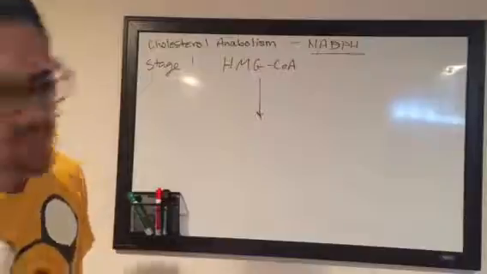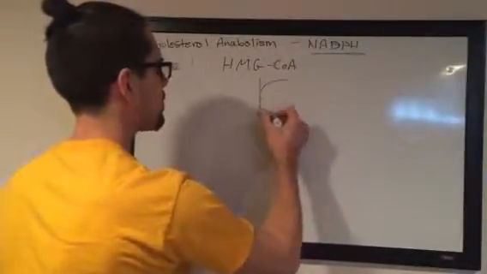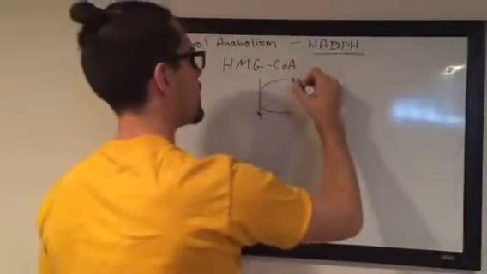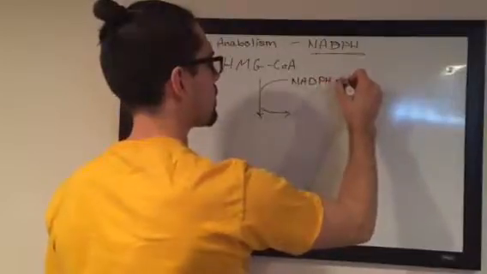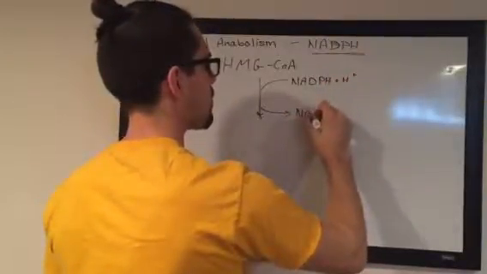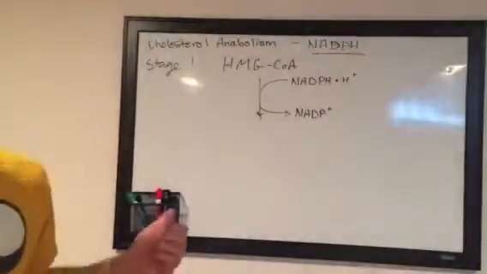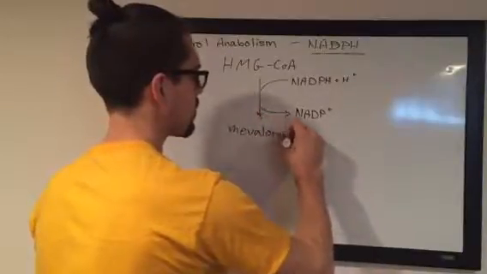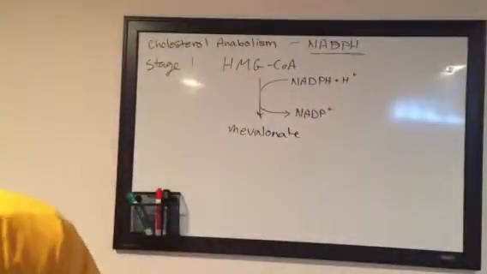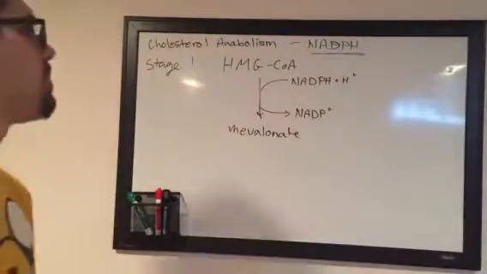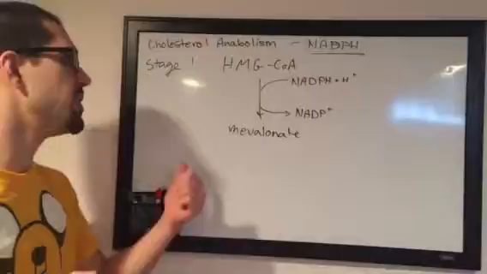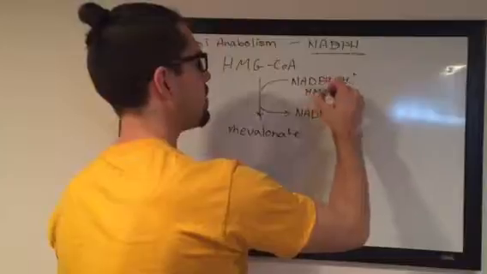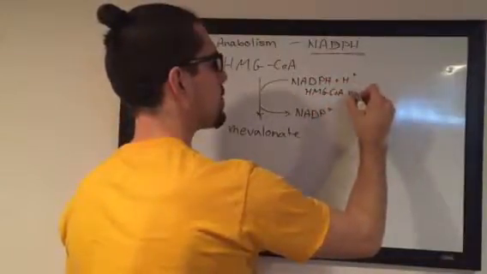What we're going to do is take an NADPH plus H plus, and we are going to dehydrogenate this compound to form something called mevalonate. This is the last step in stage 1. It is also the rate limiting step. This is going to be the regulated step. The enzyme that we're using here is HMG CoA reductase.